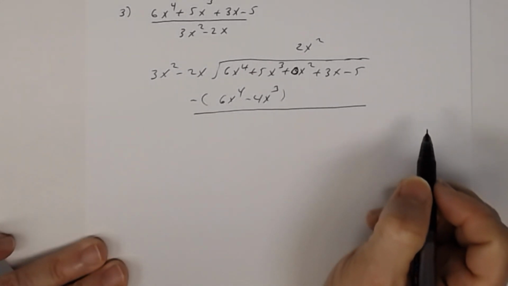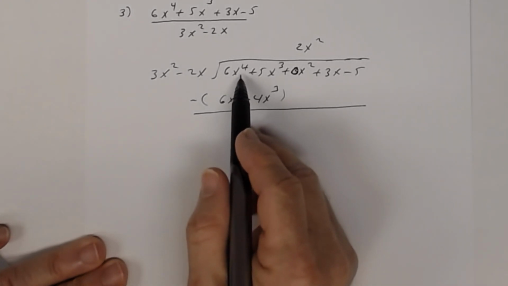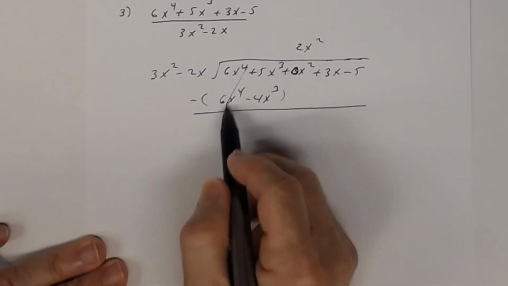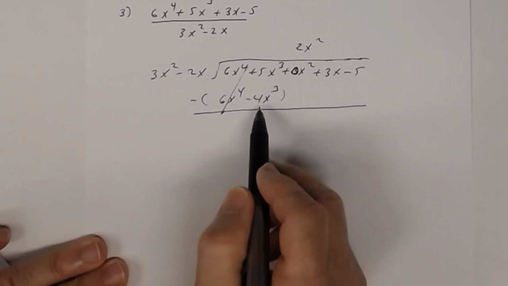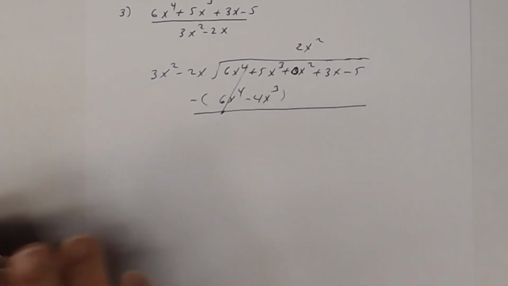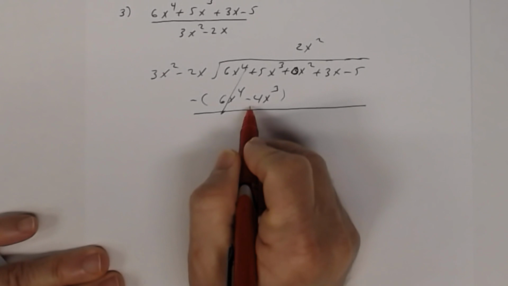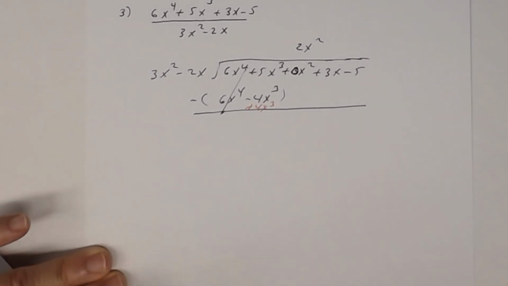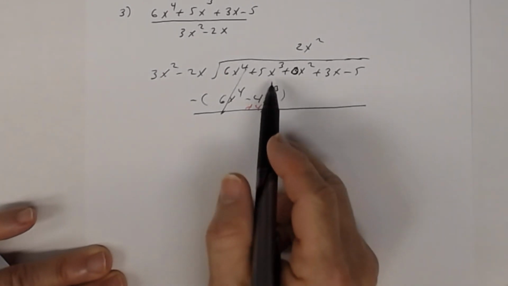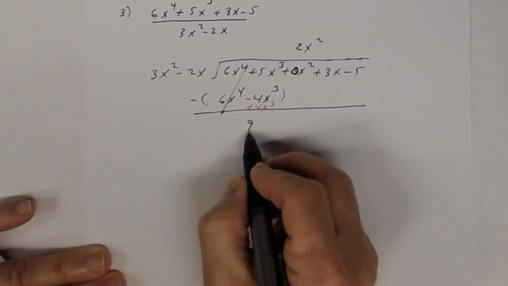All right, so that's what I get. 6x to the fourth subtract itself is 0, right? 5x cubed minus 4x cubed. So if you have to rewrite it, go ahead and rewrite it. Subtracting negative 4x cubed is the same thing as adding 4x cubed. So when I add these, 5x cubed plus 4x cubed, I get 9x cubed.